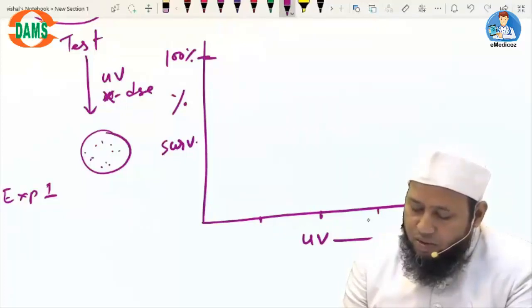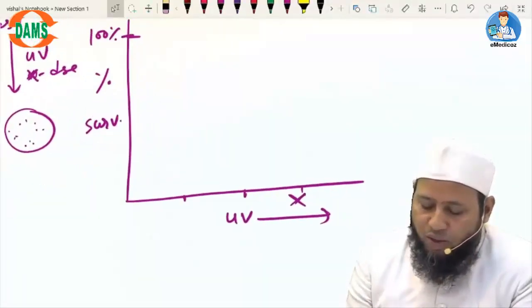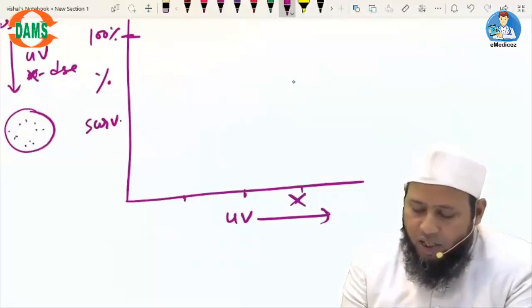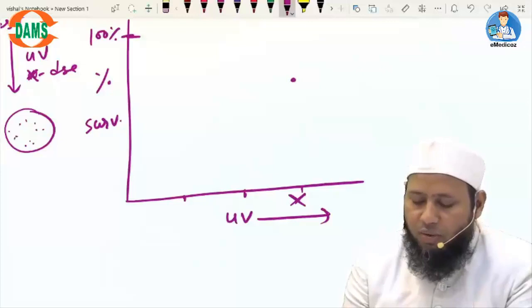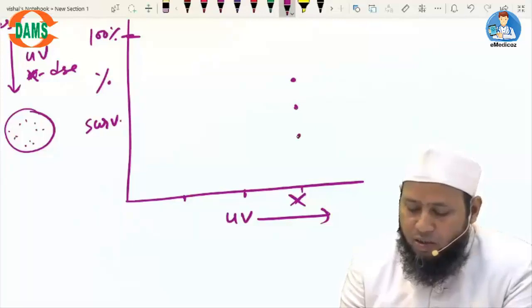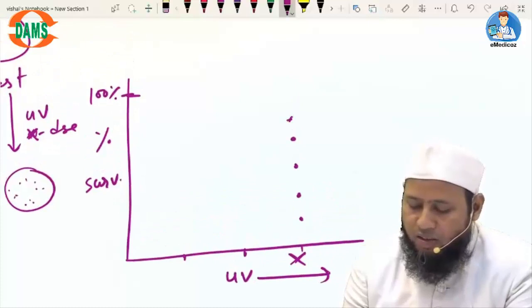Let's suppose dose X is here. And what happened at dose X? Sometimes we have a survival like this, sometimes a survival percentage like this.